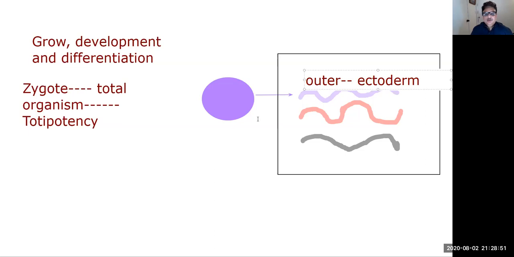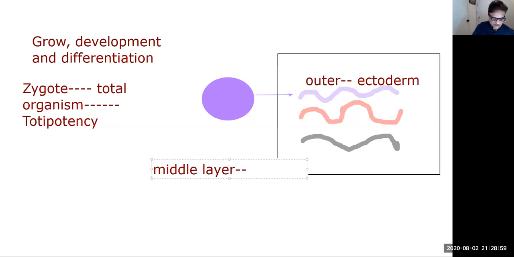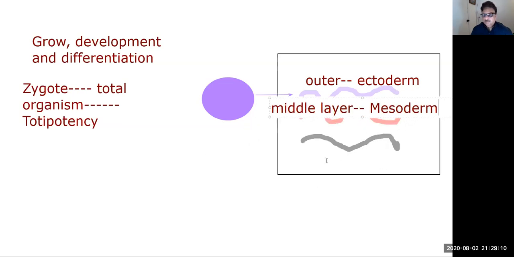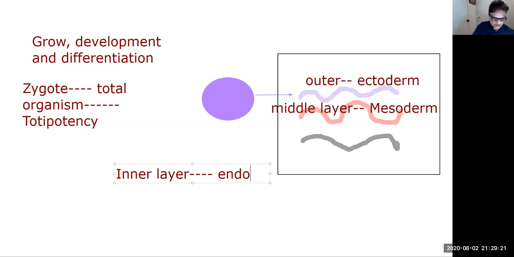Okay. The middle layer is called mesoderm. Mesoderm. So this is the middle layer, and the inner layer is called endoderm.